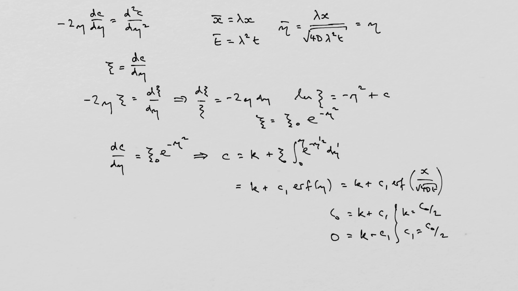Recognise that in this particular instance the boundary conditions are of such a form that they're invariant under a particular scaling where x over square root 4 Dt is invariant, and therefore actually just solve it. You know, under those scaling conditions, the solution has to be of this form. Just has to be. Okay.